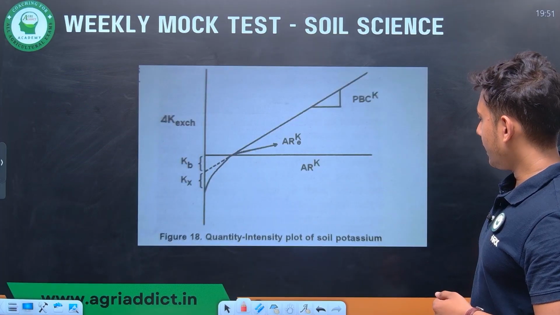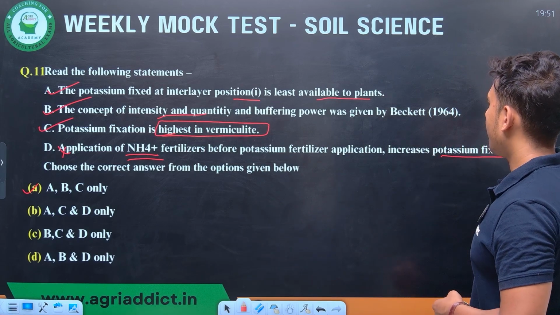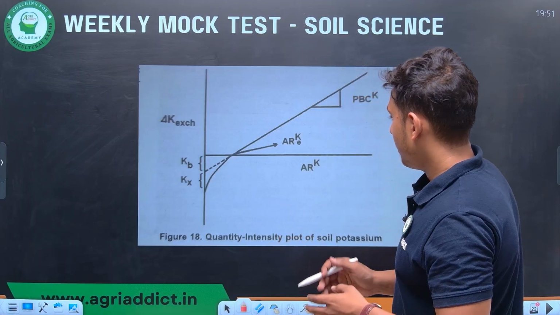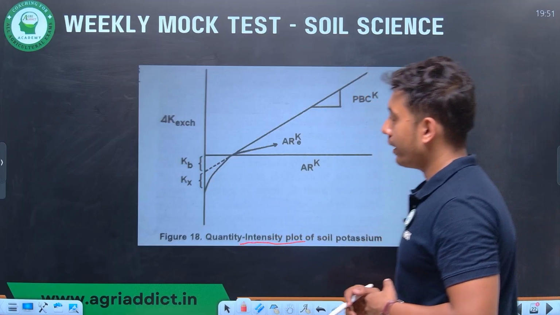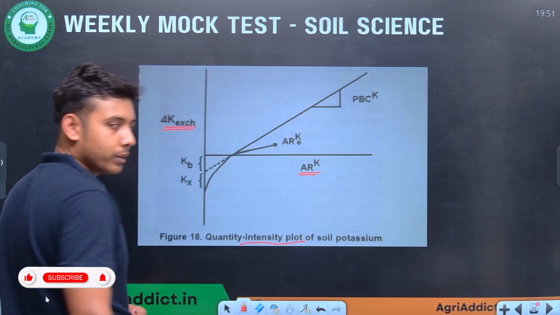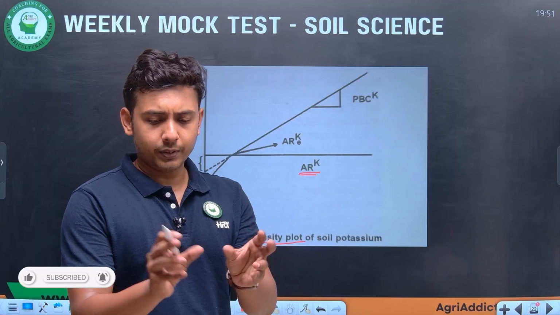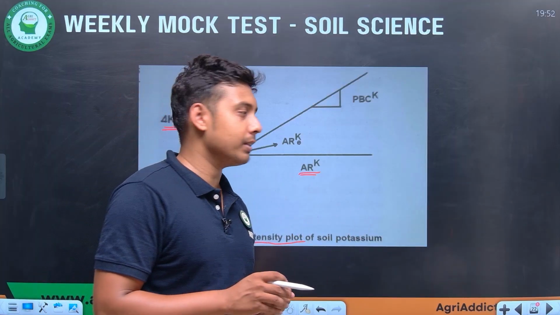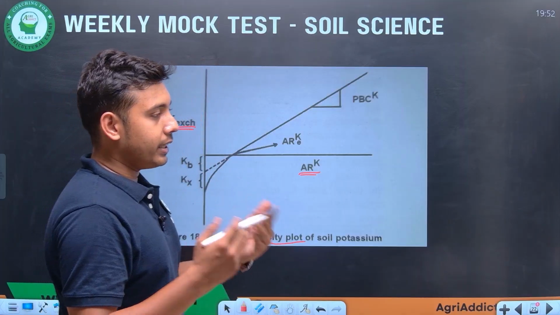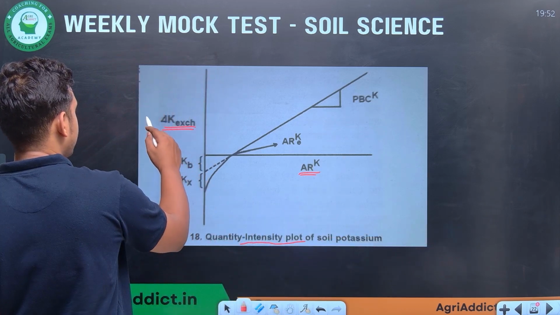Here the concept of intensity and quantity and the buffering power was mentioned. You should know this for concept building: the quantity-intensity plot is where delta K exchange and the activity ratio of potassium are plotted. Some subsamples of a soil are taken, that is, a number of soil samples, then different gradients of potassium doses are applied, and by seeing the solution potassium before and after equilibration, the delta K exchange is found.